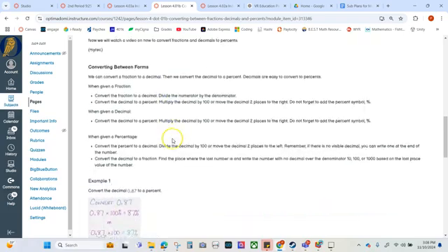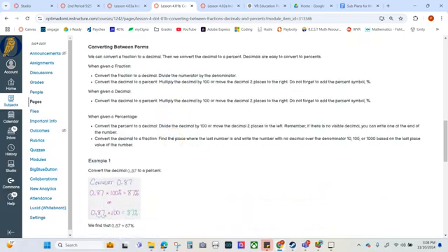Let's scroll down. Now let's talk about how to convert between these. We can convert a fraction to a decimal. Then we can convert the decimal to a percent. Decimals are easy to convert to percentages. Or another way to say this is they are simple to convert to percentages.